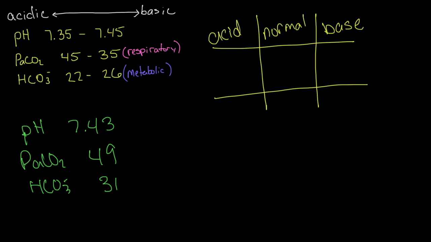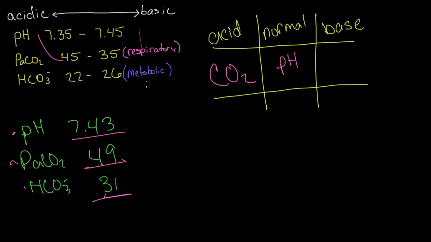Okay, so going back to our systematic analysis here, 7.43 is normal. It's in our normal range, so pH goes in the normal column. Our PaCO2 is 49. It is acidic, so it goes in our acid column. And our bicarbonate is 31, which is basic, so it goes in our basic column.